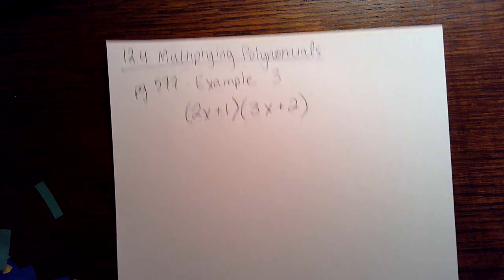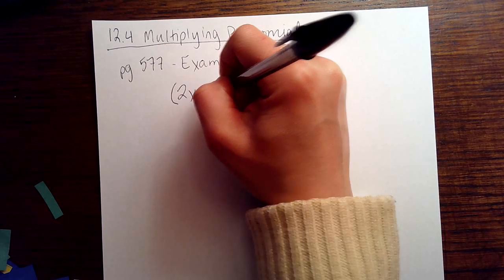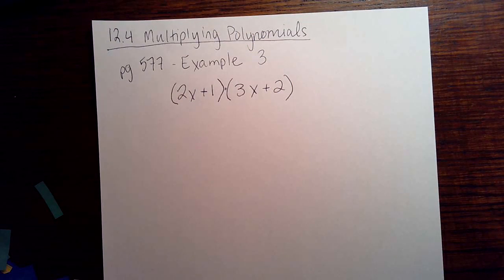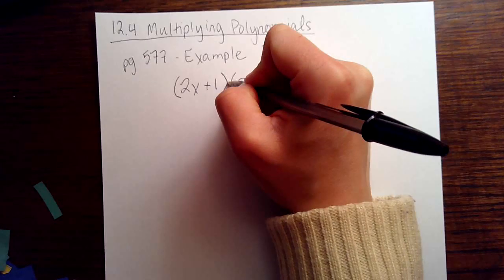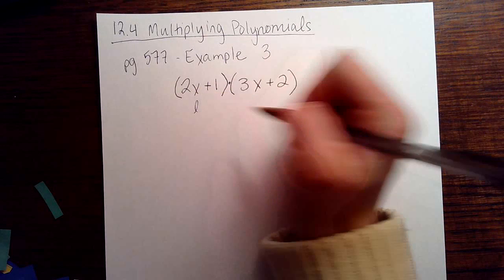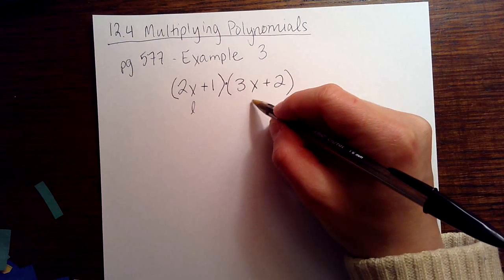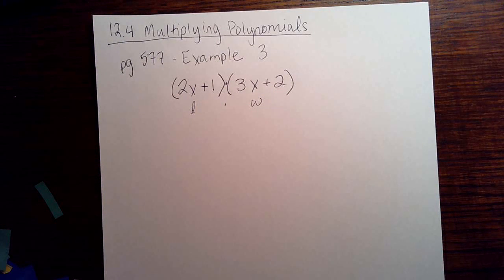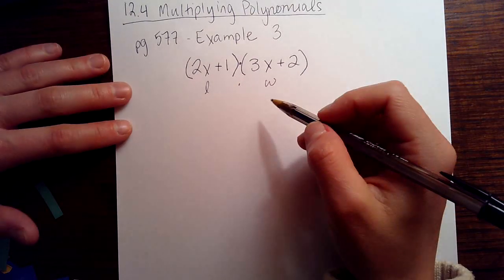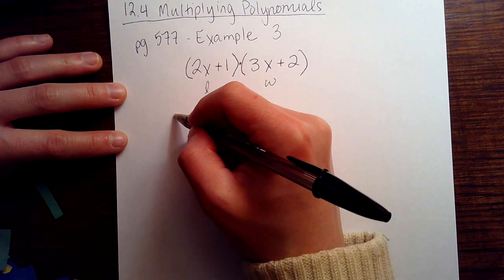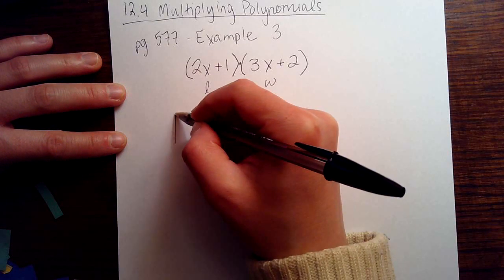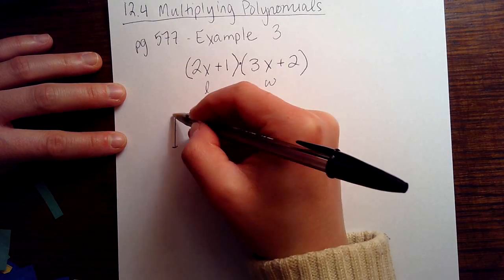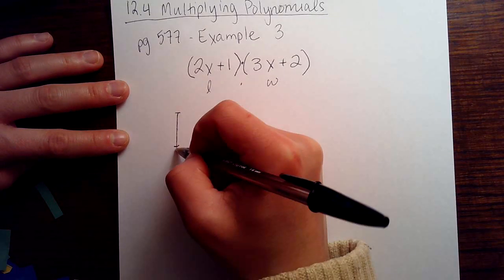So the idea is that I would have a rectangle when I'm using area to help me solve this. And the dimensions of the rectangle would be 2x plus 1 is the length, and 3x plus 2 is the width. Now, as I draw, I'm going to try and draw so that the first one has 2 x's.